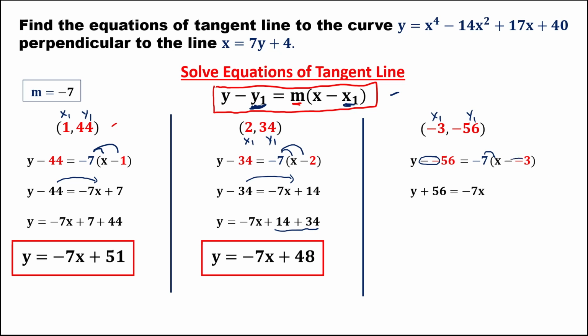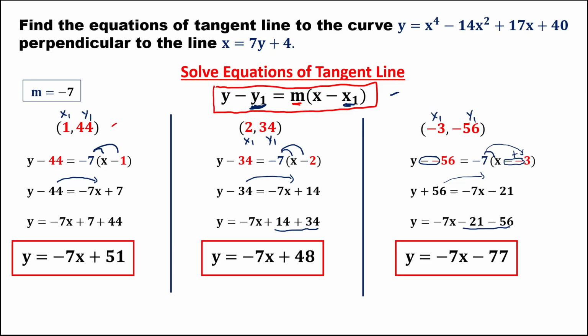And again, this double negative becomes positive. So negative 7 times positive 3 is negative 21. Transpose to the other side, so this is 7x minus 21. Then this becomes negative 56. Then we need to simplify. So y equals negative 7x minus 77. So these are the three equations of the tangent line.